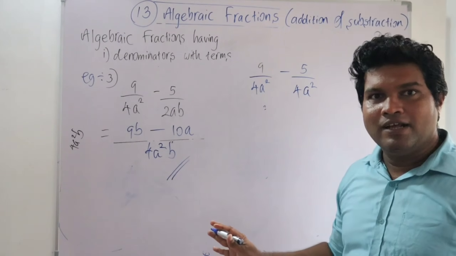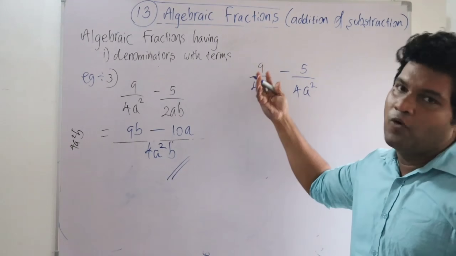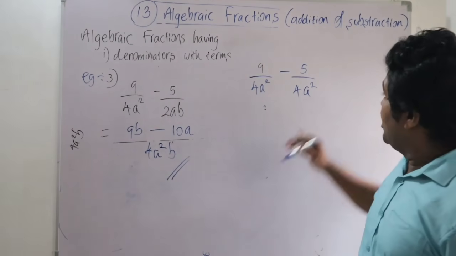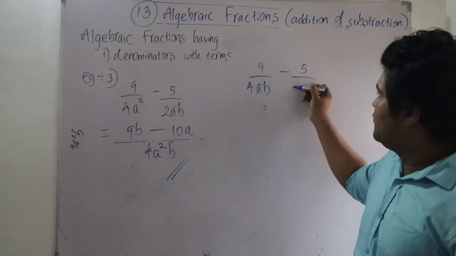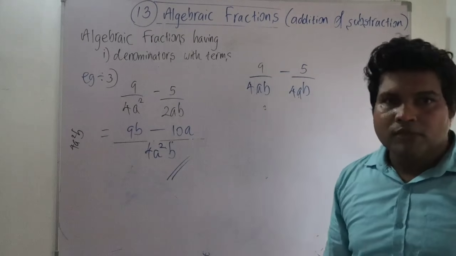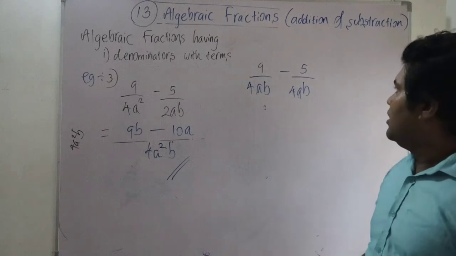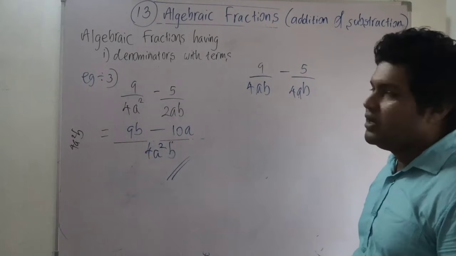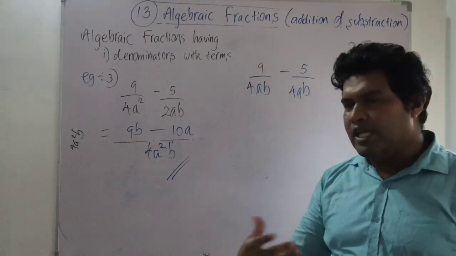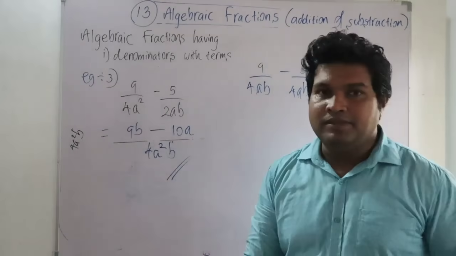Then we can do this. When you subtract 5 from 9, you get 4 over 4ab, 4ab. It doesn't matter. All right, I don't teach this anymore, because algebraic fractions with equal denominators are an easy lesson.